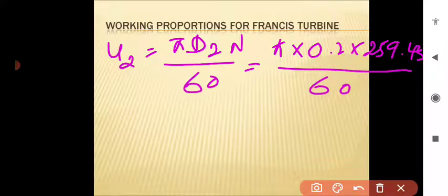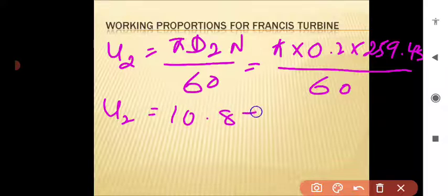If you calculate it, you will get U2 is equal to 10.87 meter per second.